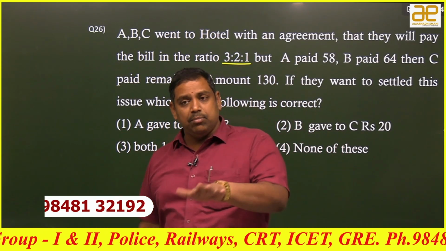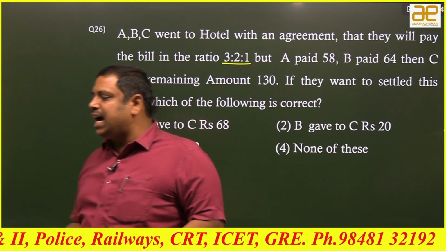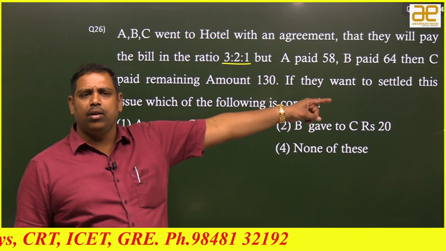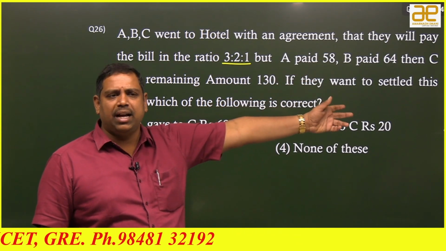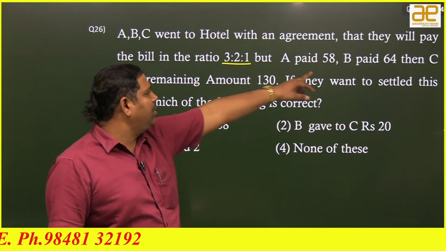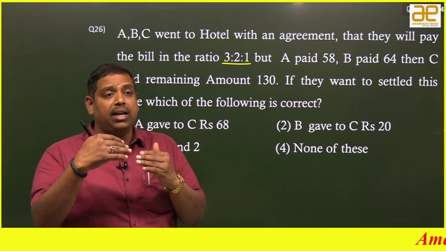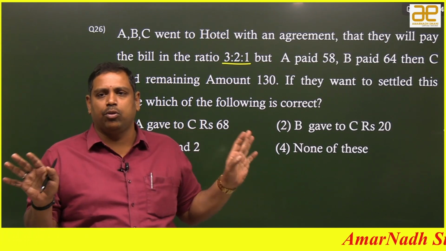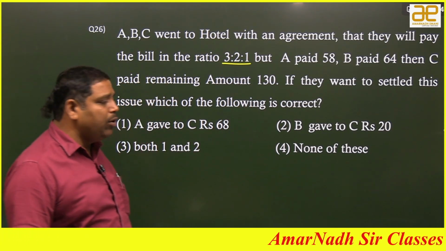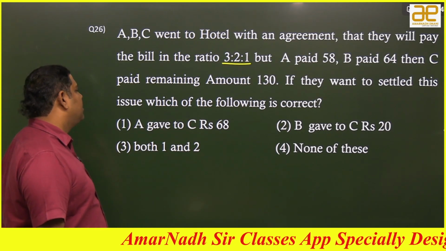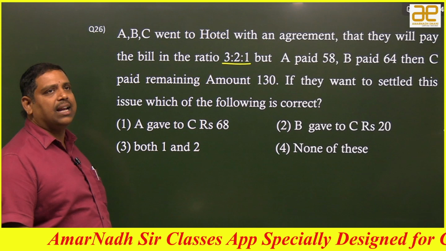C has to spend less, but he spent more. Somebody has to compensate C. Definitely A has to compensate. I don't know whether B has to compensate or not, because B is always in the middle level. There also he paid the middle amount. So he might receive some money or he might pay something to C. I am not sure. Then only the deal will be settled. If they want to settle this issue, which of the following is correct?